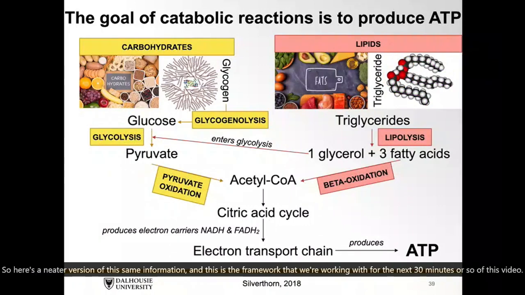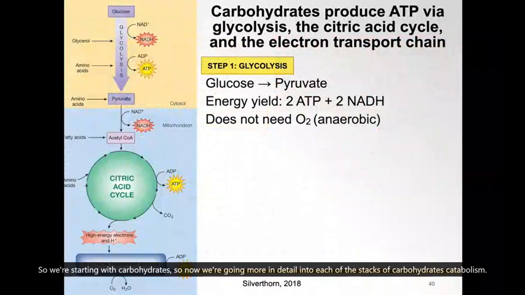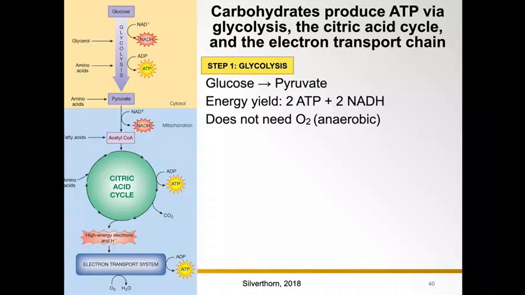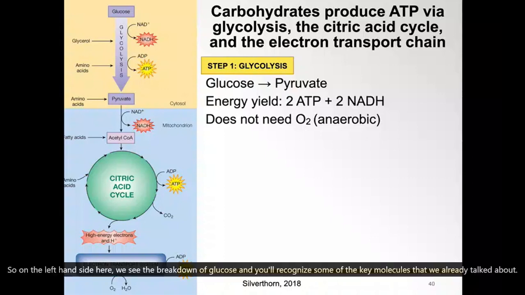So here's a neater version of this same information. And this is the framework that we're working with for the next 30 minutes or so of this video. So we're starting with carbohydrates. Now we're going more in detail into each of the steps of carbohydrate catabolism. On the left-hand side here, we see the breakdown of glucose, and you'll recognize some of the key molecules that we already talked about.